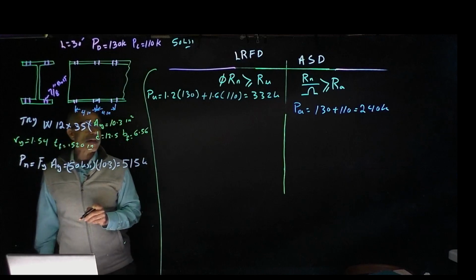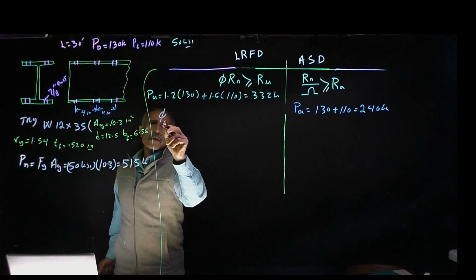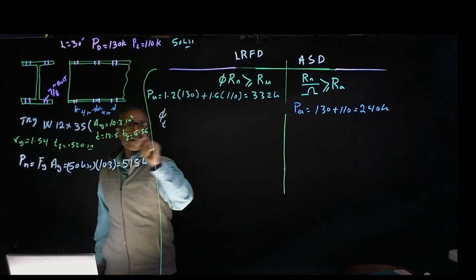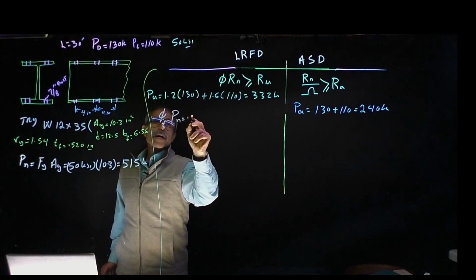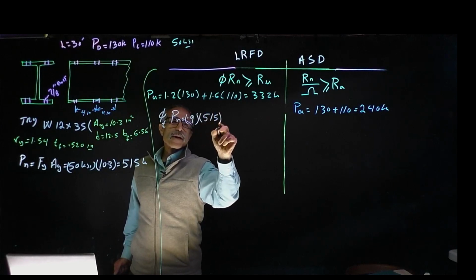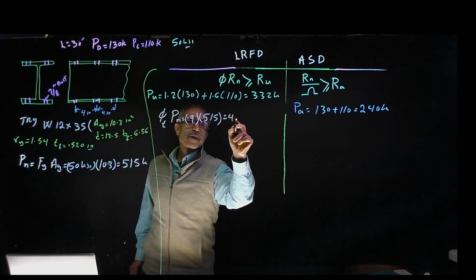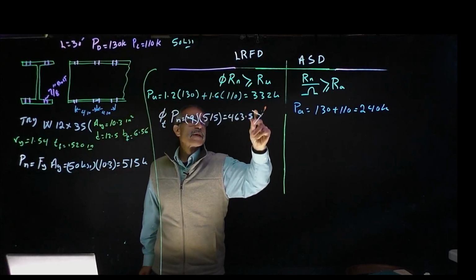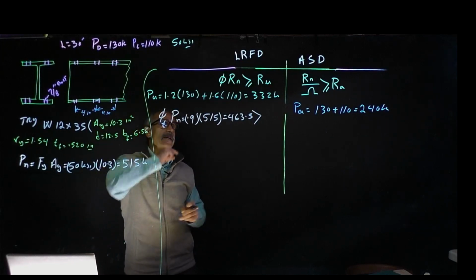So phi t Pn is equal to, we said this phi t is 0.9 multiplied by 515, and that comes out to 463.5. 463.5, and that is more than the applied load. Applied load we had 332 right there.